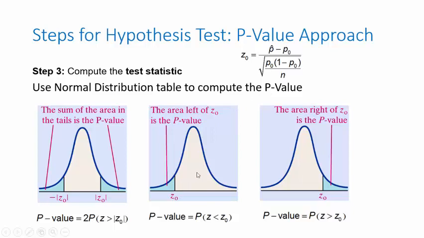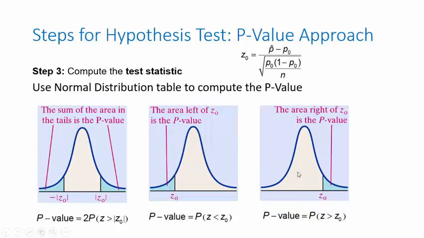For the z0 value that we computed in the previous step, we look into the normal distribution table and find the area on the left tail, or we can use a calculator with the normal CDF command on the TI-84. That gives us the area, and this area would be the p-value.